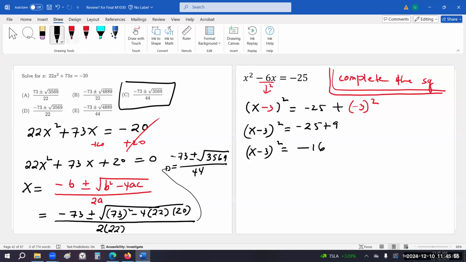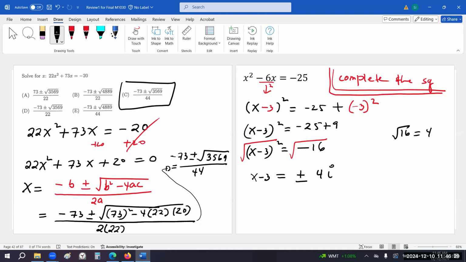Our goal is to get the x alone. What do we do? Square root. So x minus 3, and what happens to the other side? Square root of -16 is what? Plus minus. Square root of 16 is 4, but we have square root of -16, so i.